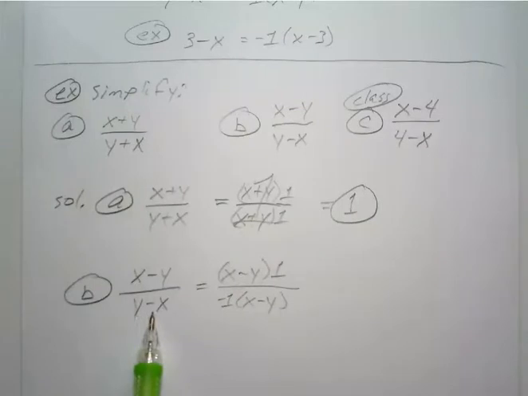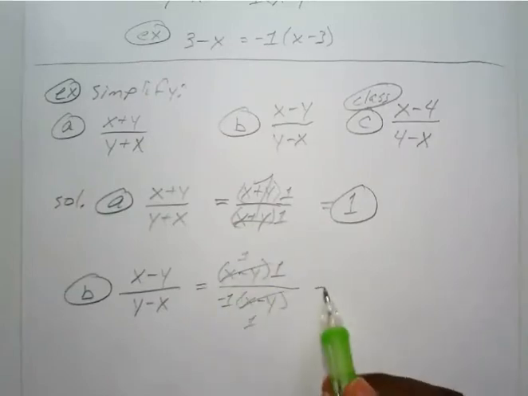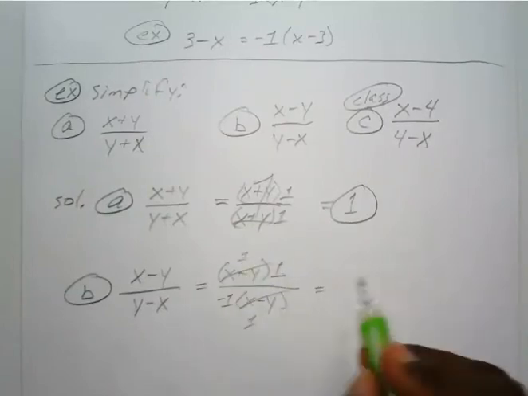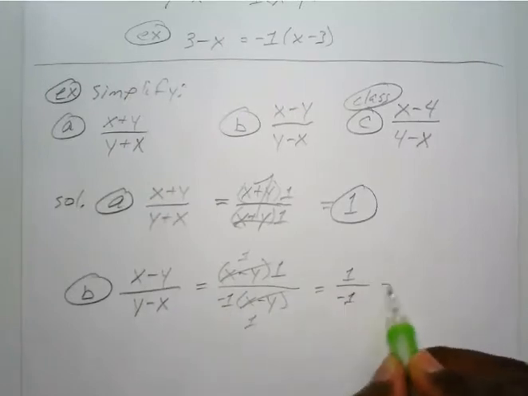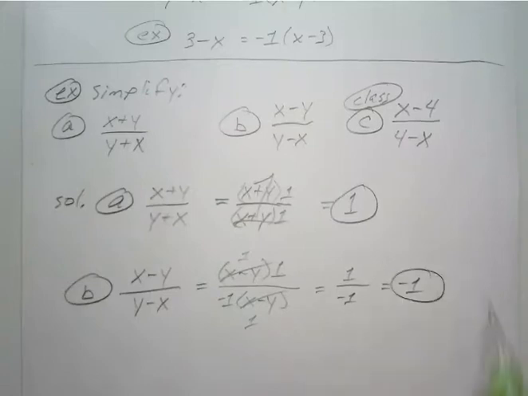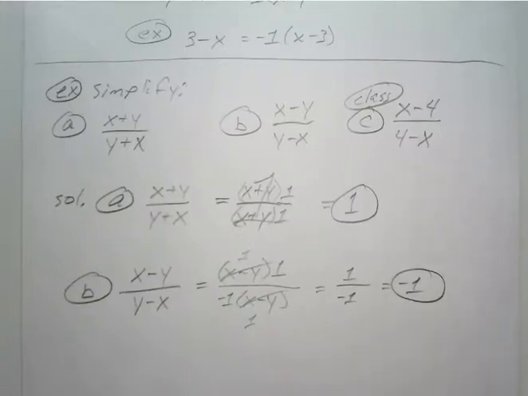Multiply by negative 1 and just flip them around. Anything divided by itself is just 1, so you have 1 times 1 is 1, and negative 1 times 1 is negative 1. So here your answer will be negative 1. If you ran across this problem and put just 1, it would be incorrect.